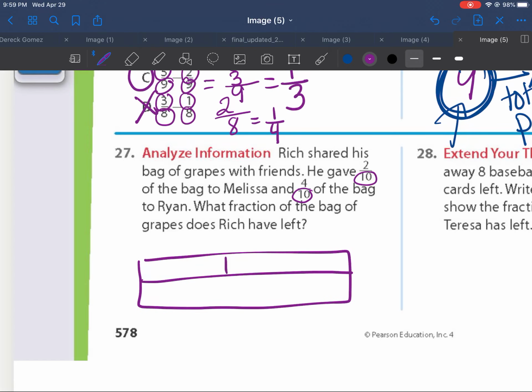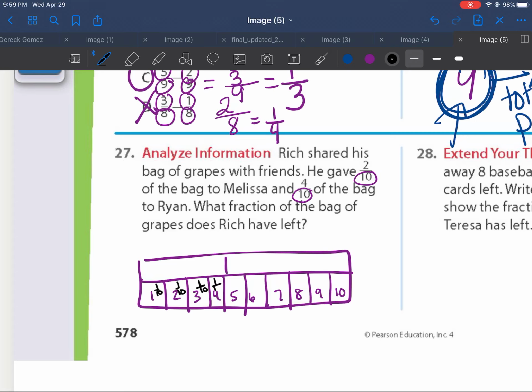Right away, step number 1, look at the denominator, guys. My whole says that I'm going to have how many parts? 10. So I'm going to break it apart into 10 parts. There's 10 parts. 1, 2, 3, 4, 5, 6, 7, 8, 9, 10.